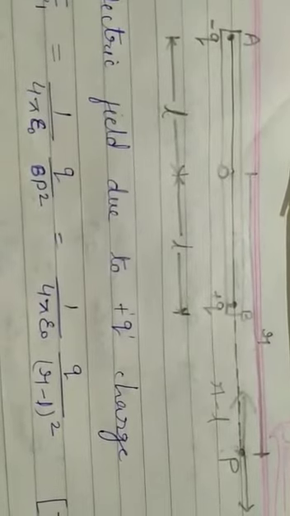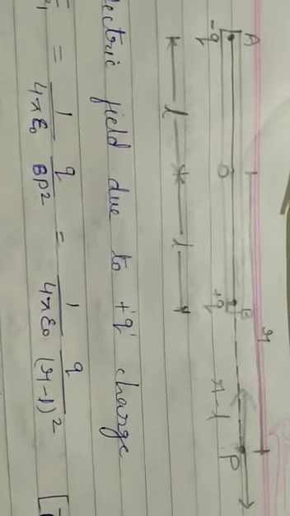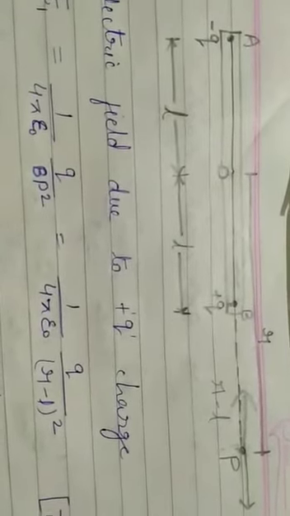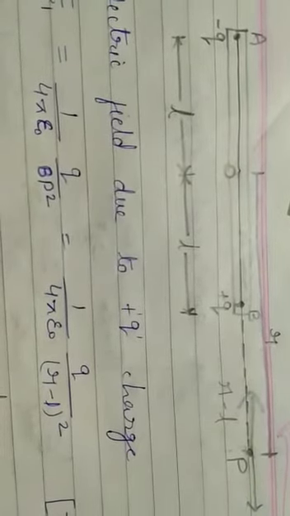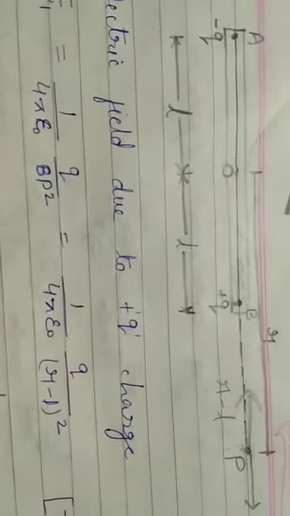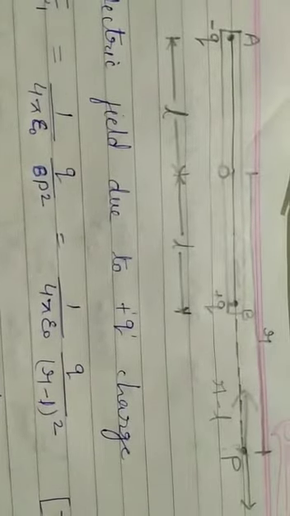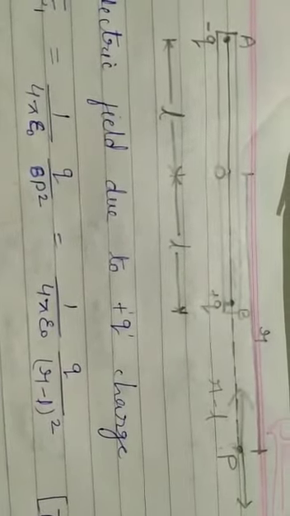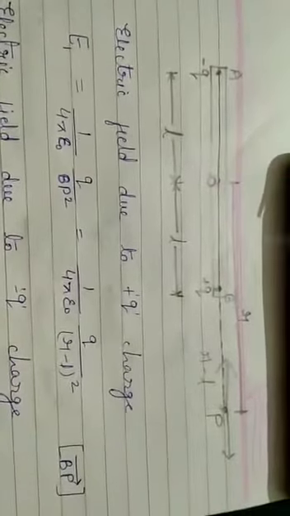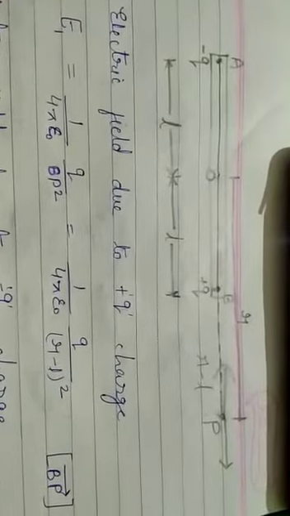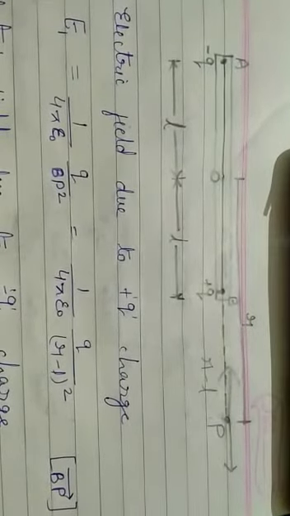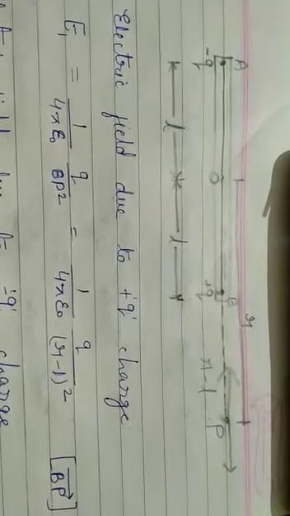It is very simple, students. Plus q is applying force on P, minus q is also applying force on P, but because P is close to plus q, its effect will be more than the effect of minus q. So the direction, because of the plus q charge, is BP, so the final direction of the electric field also will be in the direction of BP.